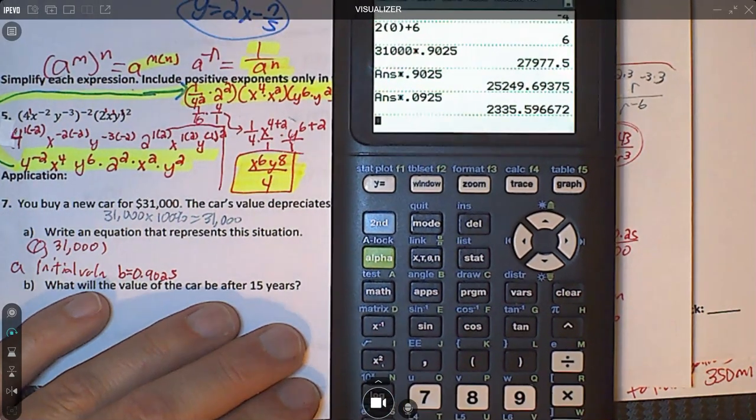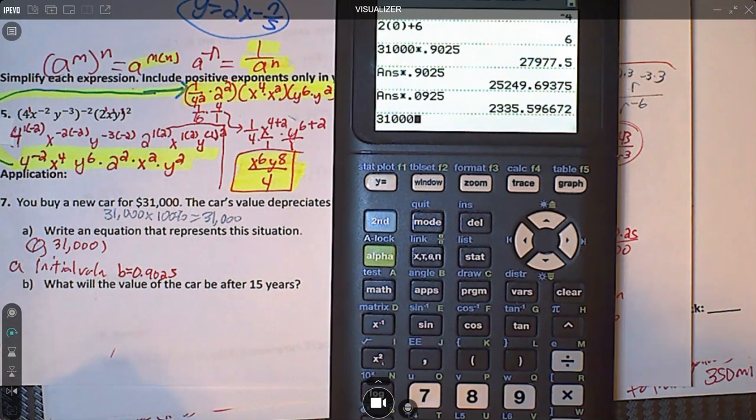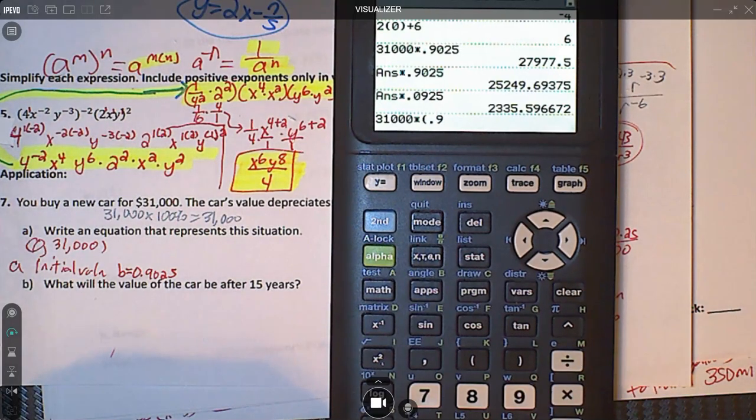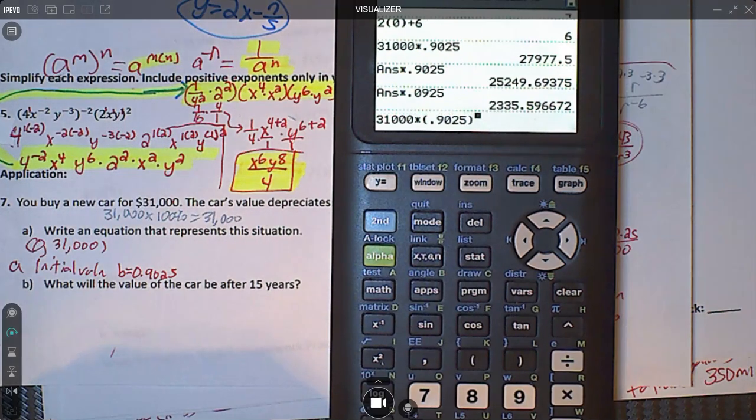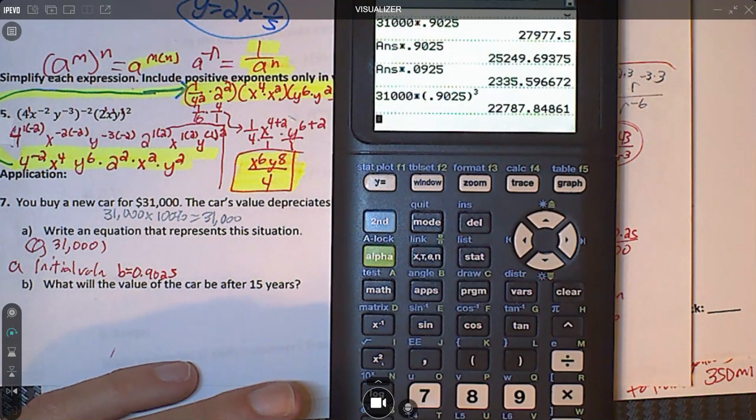So see, watch what happens. If I do 31,000, check this out, times 0.9025 to the third, it should give us the third year. What did I type in wrong?